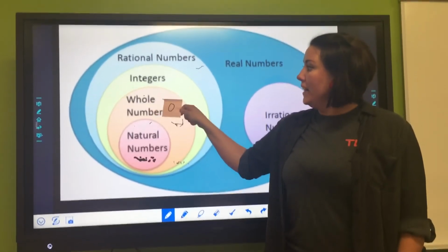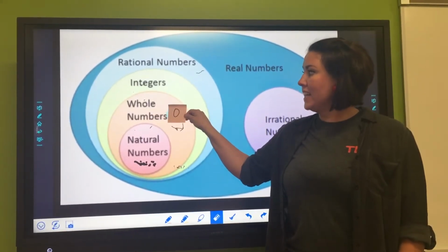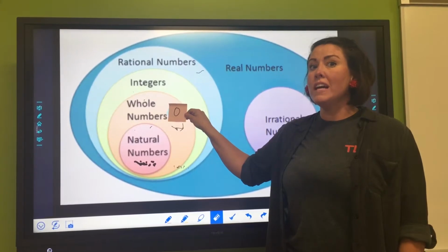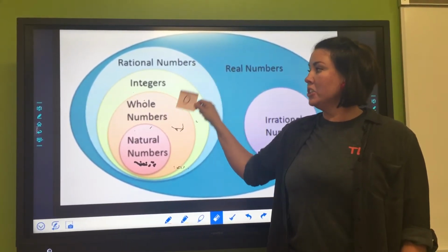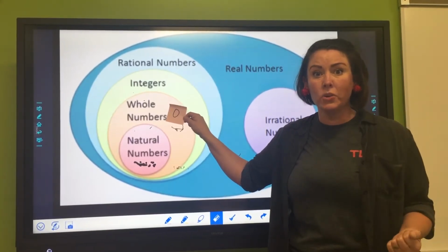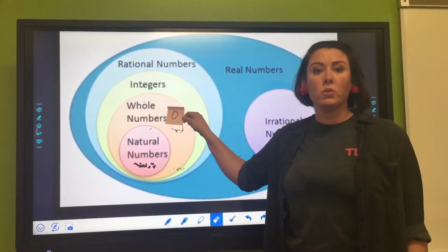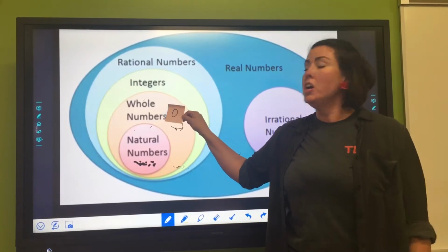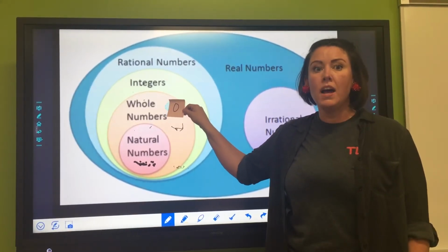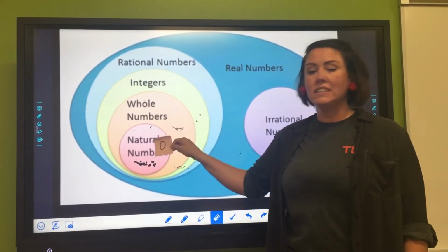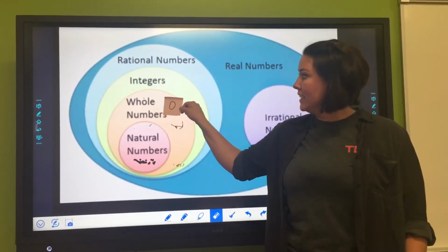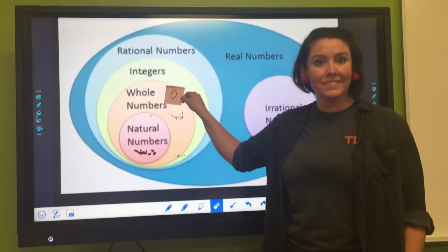So if 0 belongs in this category, it is also inside the integer circle and inside the rational number circle. If I were to ask you what categories 0 belongs to, you would say it is a whole number, an integer, and a rational number, but it is not a natural number. Do you see how it is inside all 3 of those circles?